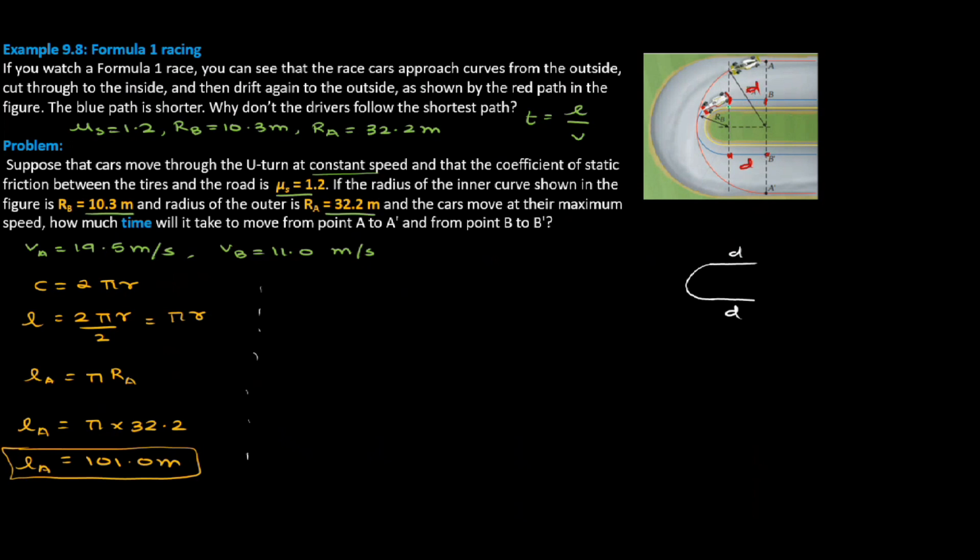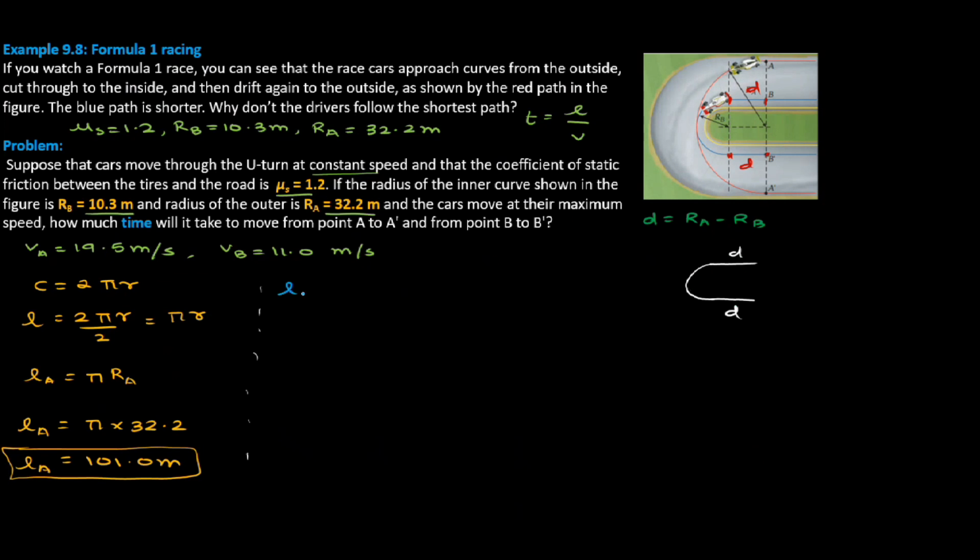Now this distance D we can calculate by taking the difference of the radii of the two circular paths, the radius of the outer circle minus the radius of the inner circle. So my D is going to be RA minus RB. When I'm moving along the curve, I move the distance along the semicircle plus twice the distance D, because we are moving along the path D two times.